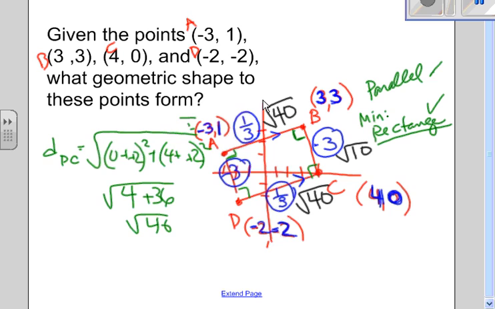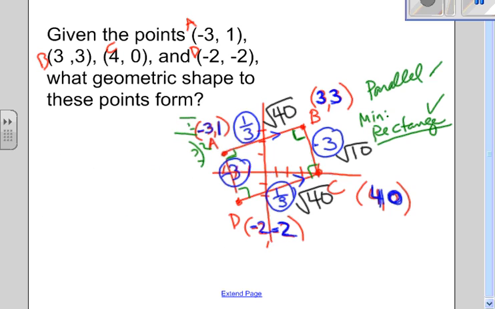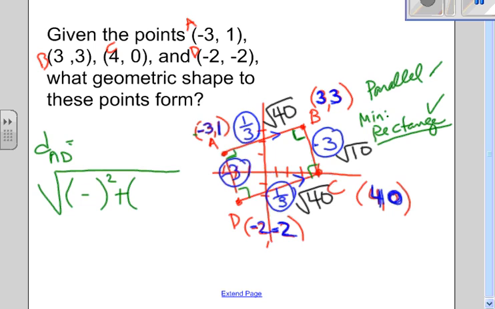Okay. Now then, the last little part, one more time, the distance of AD. Draw in the owl. Plug in your X's, plug in your Y's, and so that would be negative 2, 1, and negative 2, negative 3.